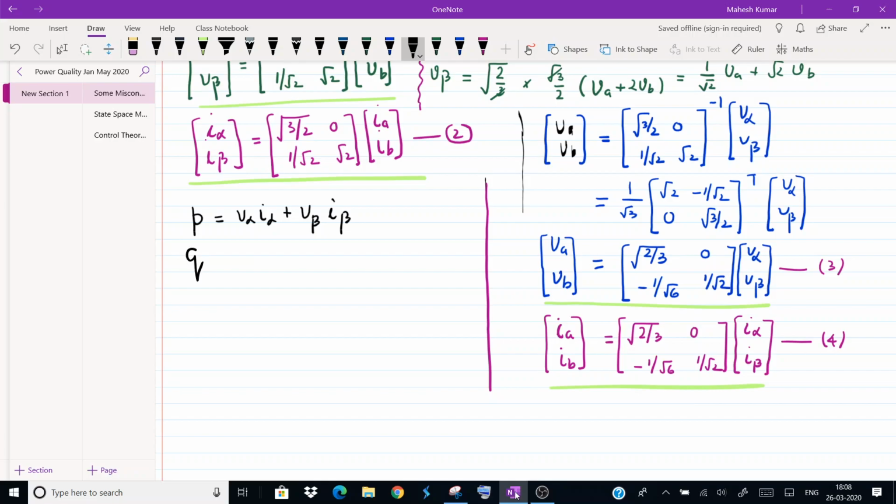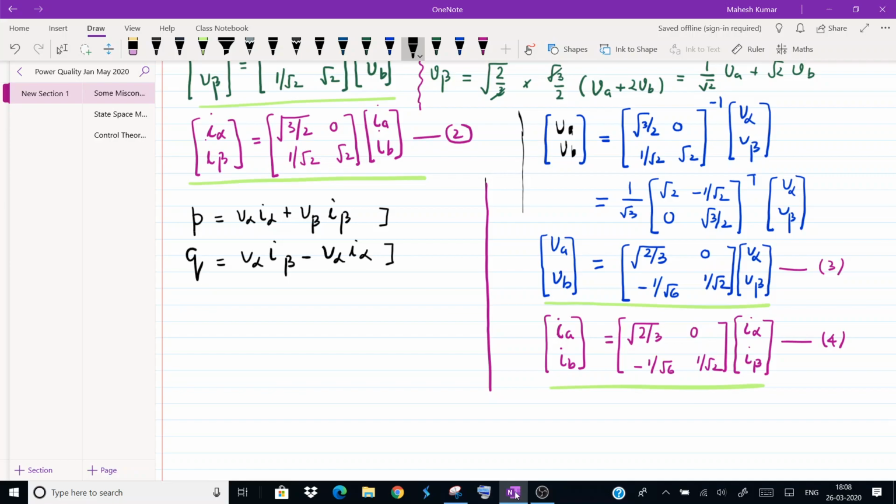And Q is equal to B alpha into I beta minus B beta into I alpha. This comes from the cross product and this comes from the inner dot product.